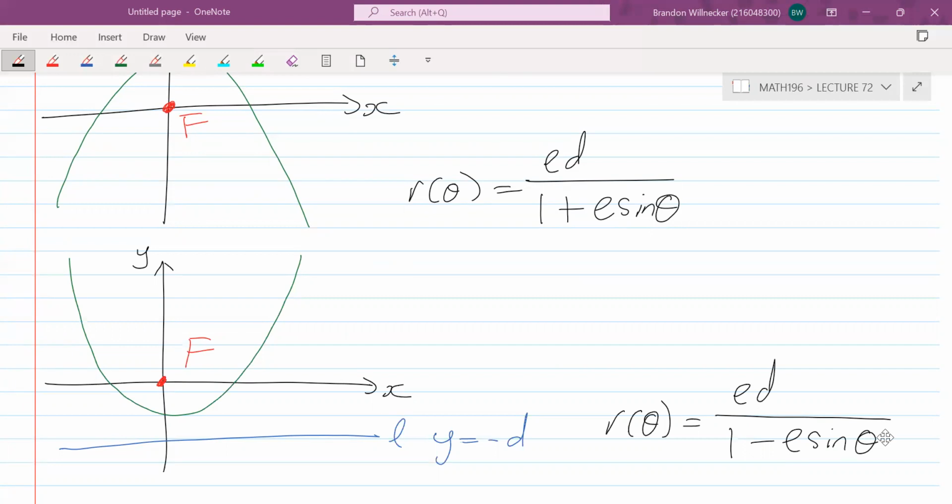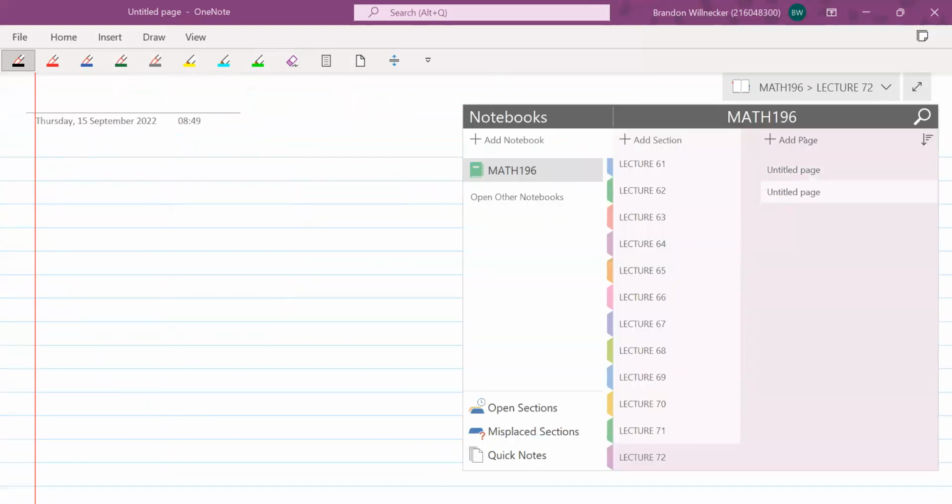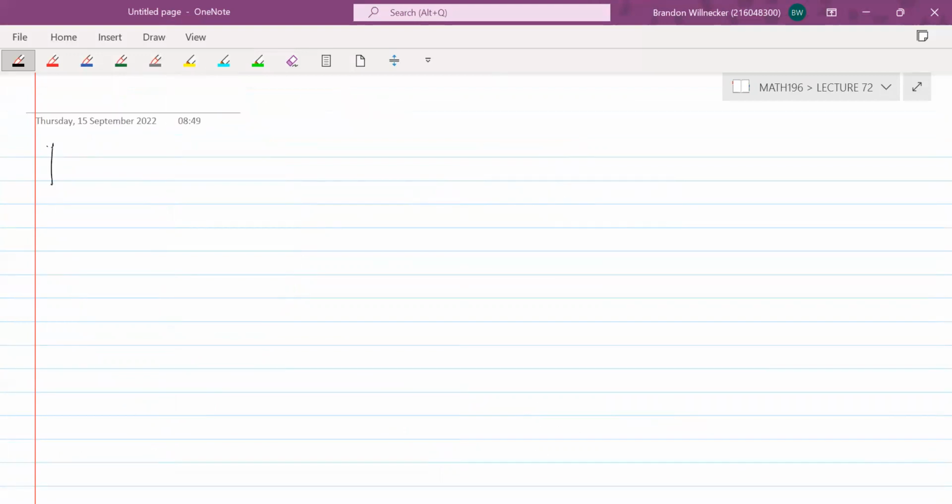Okay, so let's look at an example of finding the equation, and then I'll leave the sketching as a homework exercise. Okay, so example.